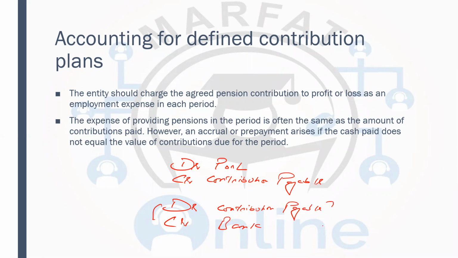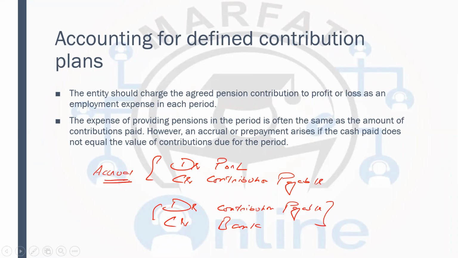So this is the entry of the accrual, that expense which belongs to the current year but is still unpaid. Sorry, the above one. This is the payment entry. This one. This entry is for accrual.